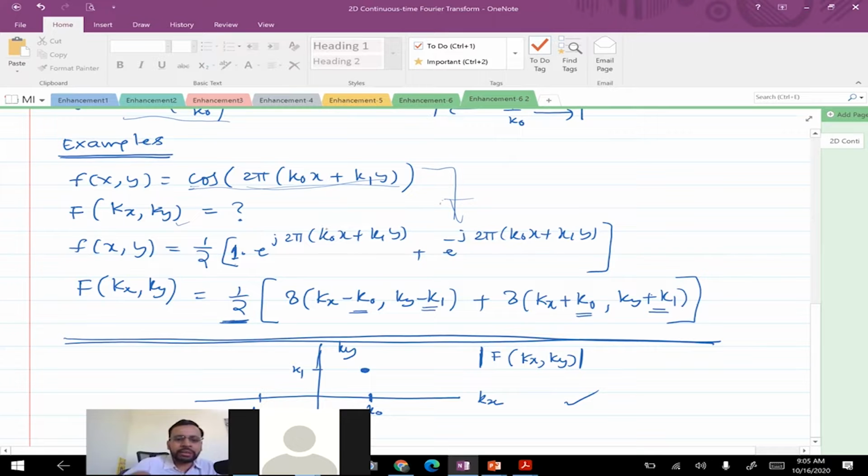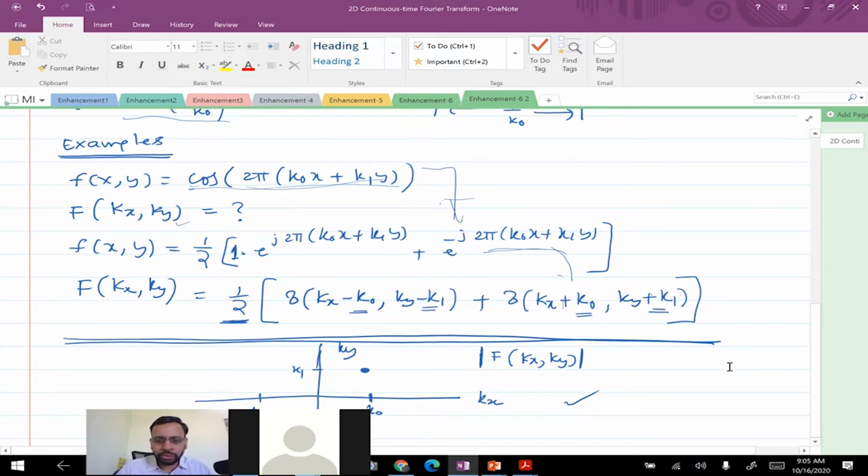Since we are multiplying with a complex exponential in the spatial domain, that results in a shift in the frequency domain. So 2j times 2 pi of (k naught x plus k1 y) would be equal to delta of kx minus k naught and ky minus k1. Similarly, the other part has been written here, and this is what you have arrived at. That would be the frequency domain response.